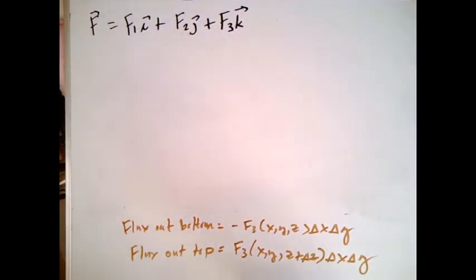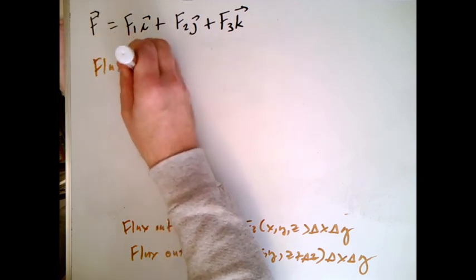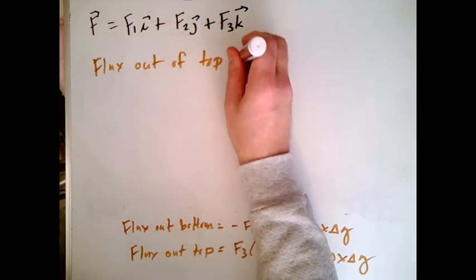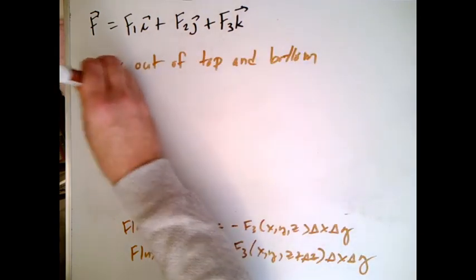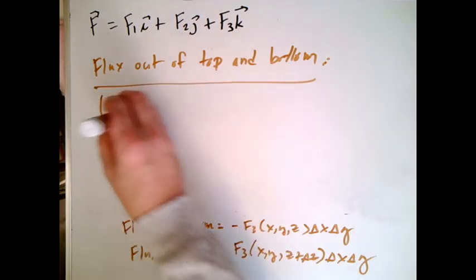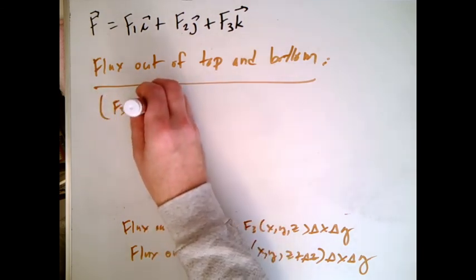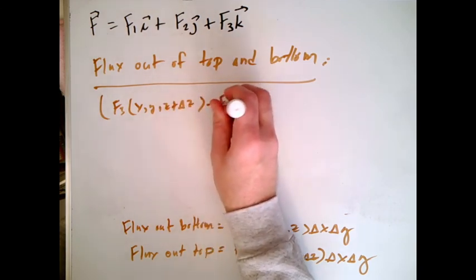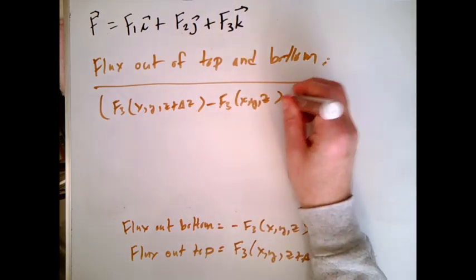We're going to call that the flux out the top and the bottom, and I'm just going to add the two. Well, they both have a delta x, delta y. When I pull that out, what's left is f3(x, y, z plus delta z) minus f3(x, y, z), and I have delta x, delta y.